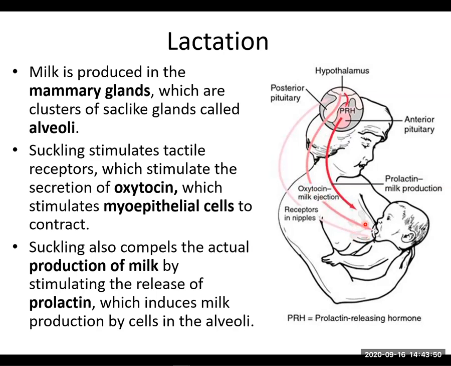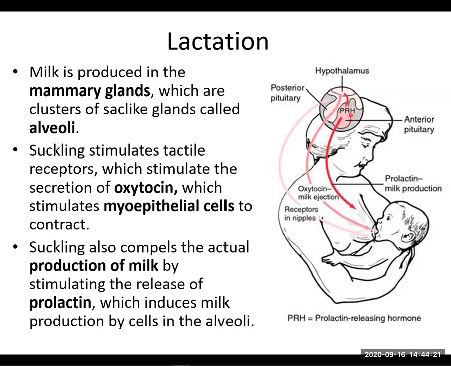Basically, this is the response to the sucking of the nipple. One of the functions of oxytocin is contraction, right? So in pregnancy, uterus contraction is stimulated by oxytocin. So when sucking the nipples, oxytocin will cause the contraction of the muscle and contract the epithelial cells to squeeze the milk out.